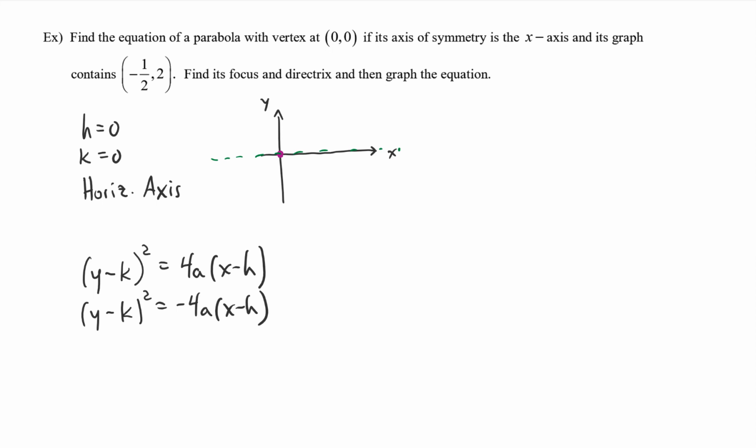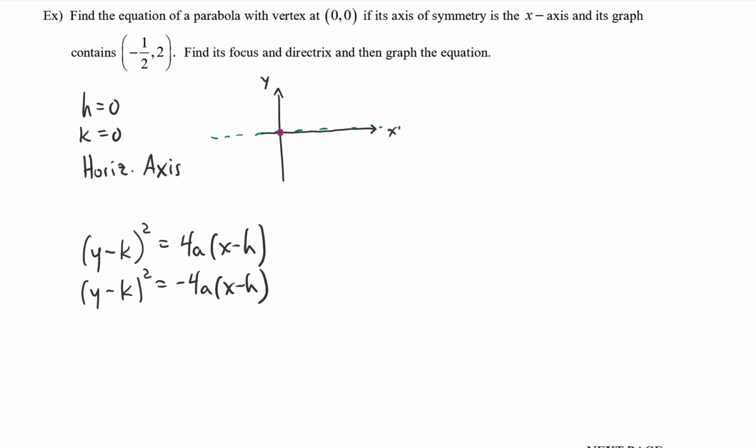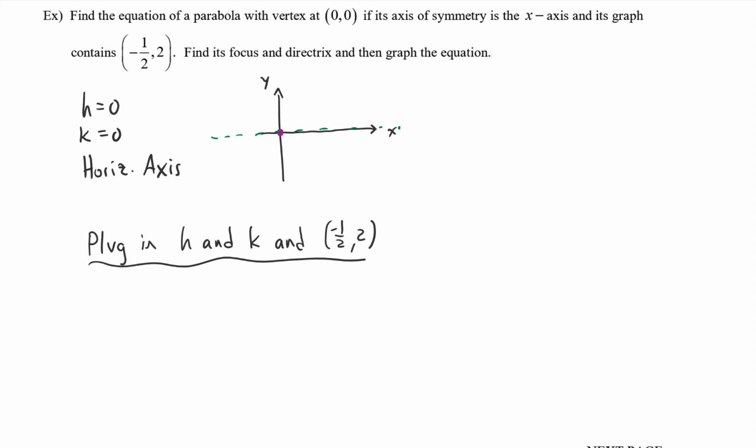It's got to be one or the other. So let's plug in everything we know. So it's going to be y minus k squared equals, we don't know if it's plus or minus 4a just yet, and then x minus 0.